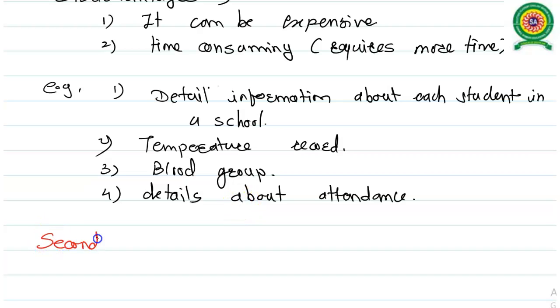Now the second kind of data is secondary data. What exactly is secondary data?